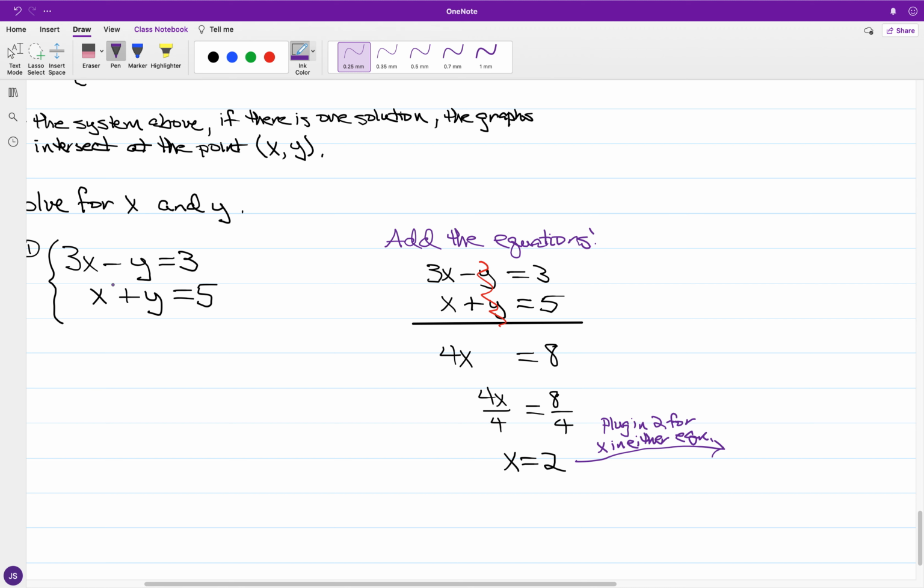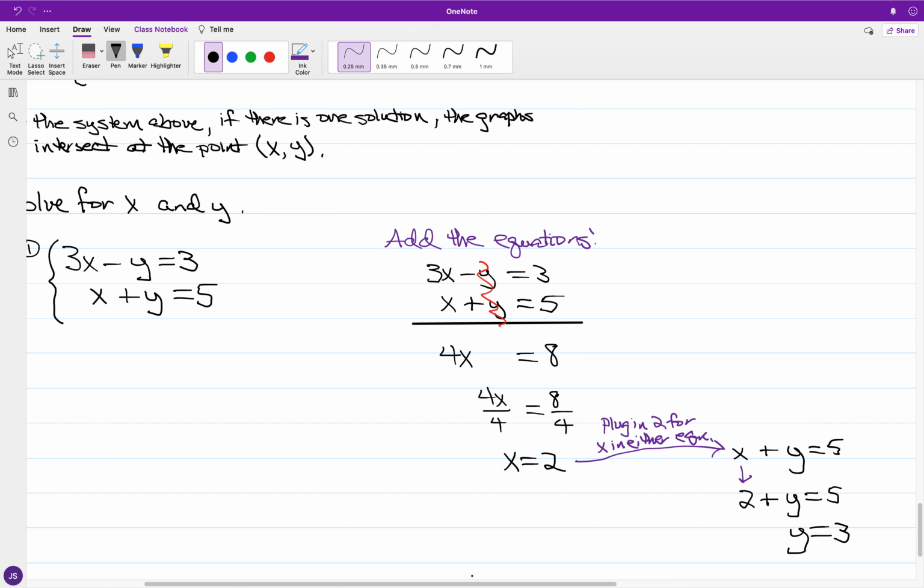It might be a little bit quicker to go with x plus y is equal to 5. So we're going to have 2 plus y is equal to 5. And with y, it'll be 5 minus 2, which is going to be 3.